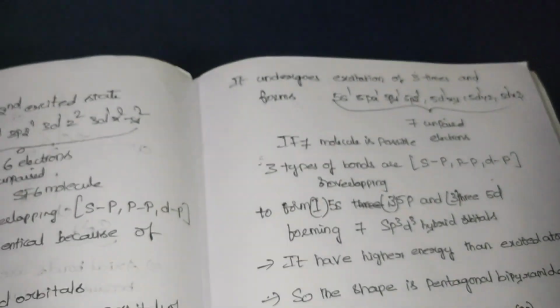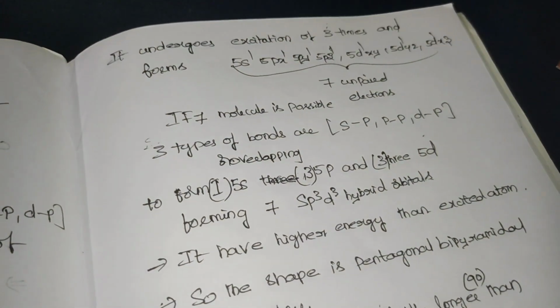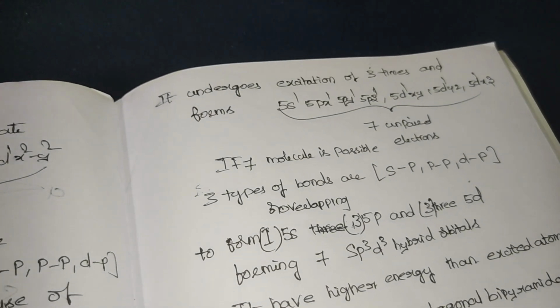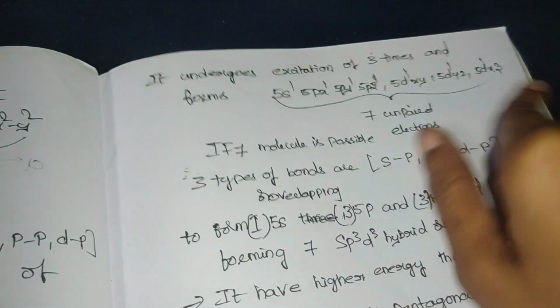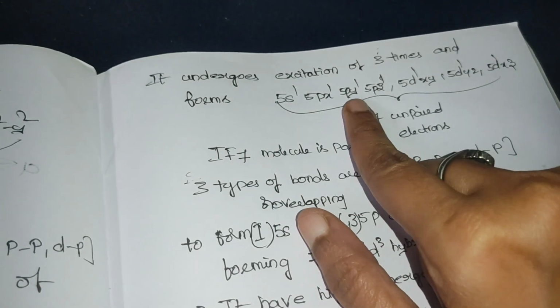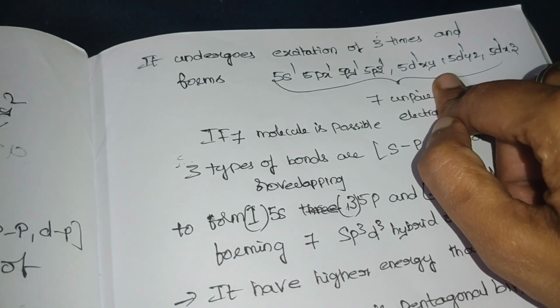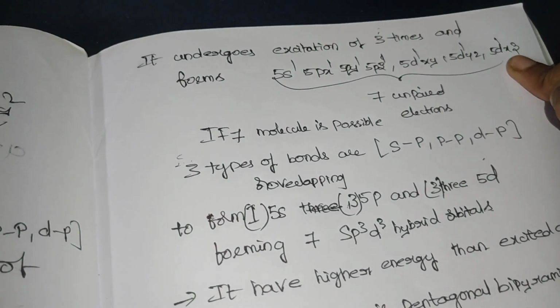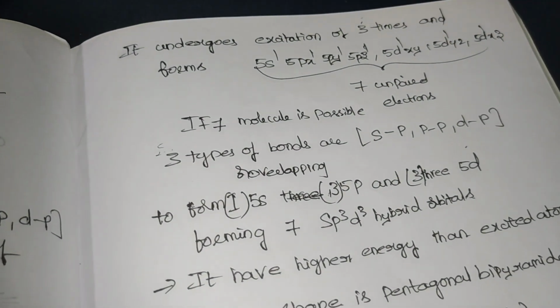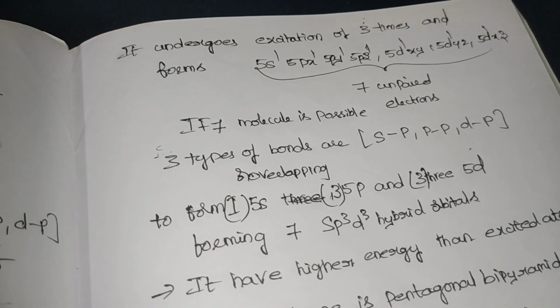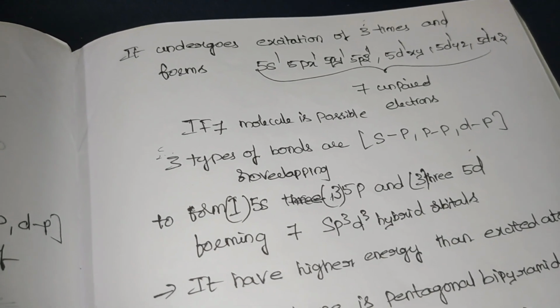As in the case of SF6, where it got excited two times, here it will go to excitation three times and 7 unpaired electrons will be formed: 5s1, 5px1, 5py1, 5pz1, 5dxy1, 5dyz1, 5dxz1. Like this 7 unpaired electrons are formed, and so the IF7 molecule is possible here.